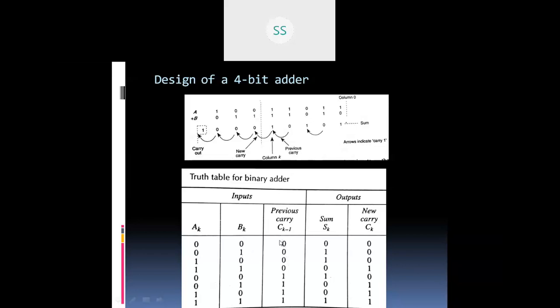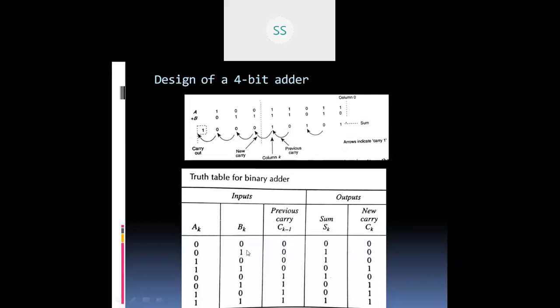See here, the first 4 conditions are with previous carry 0, the next 4 conditions are with the previous carry 1, because the sum is going to change as well as the new carry is also going to change. So we have listed all the situations. With the previous carry 0, you can list the sum and new carry values. 0, 0: sum is 0, carry is also 0. 0, 1: the sum is 1, carry is 0. So this is known, how to write the sum and the carry terms.